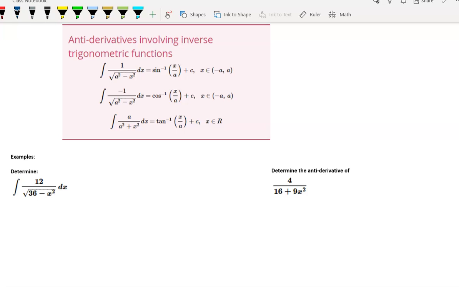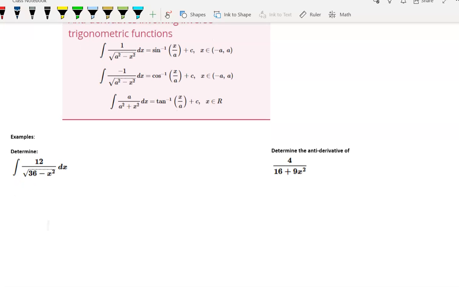Hopefully very quickly you will notice that it's positive, and we've got a term minus x squared. So if we look at our inverse trig functions, that's quite clearly a sine function, or has the potential to be the inverse sine function.